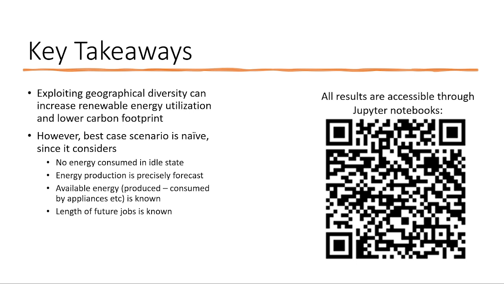We know how much available energy is in each microgrid, so we don't have any impromptu appliance switched on, for example, the internet student brewing a coffee, and the length of the jobs is predicted. All the data we have is available in the Jupyter notebooks at this QR code.